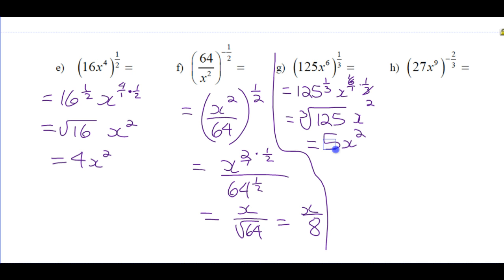This is negative, but it's not a quotient. So we write it as 1 over. Whoops, that should be positive 2/3.